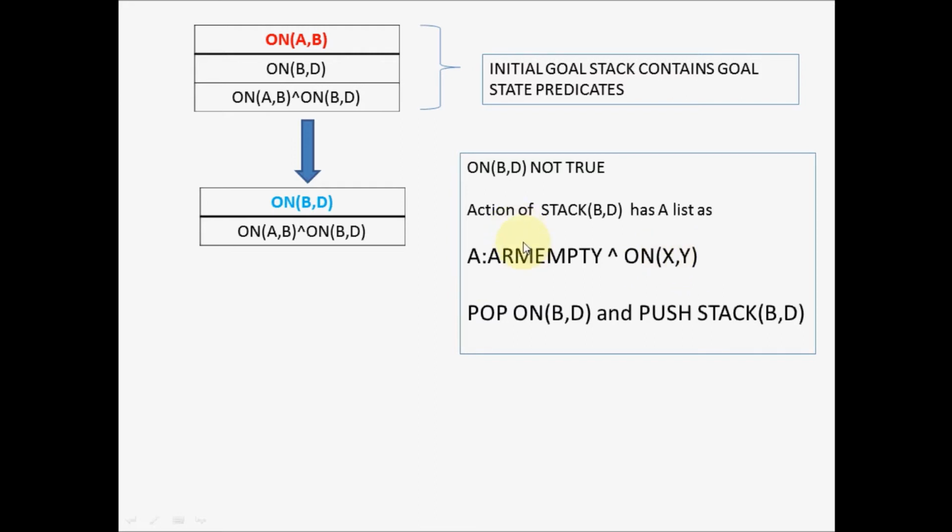So we will pop this on b comma d out, and we will push that action which is going to make this thing true, that is stack b comma d.